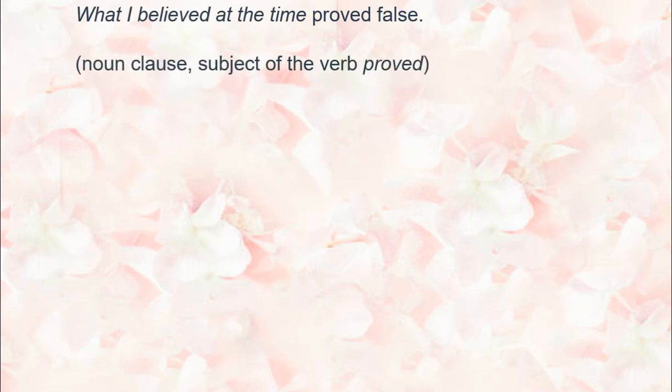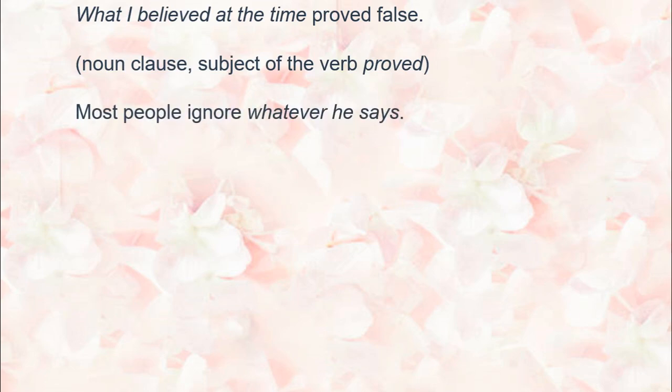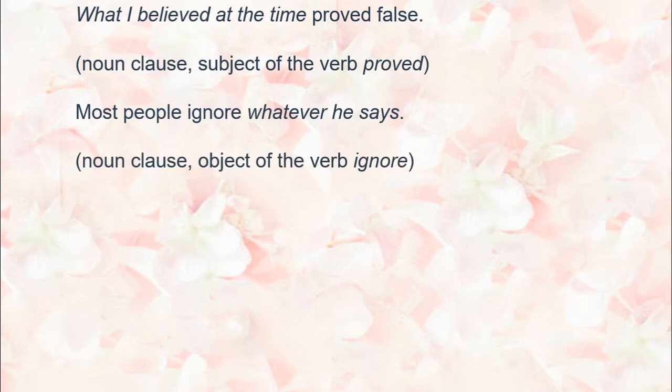What I believed at the time proved false. So here "what I believed" is a noun clause, used as the subject of the verb proved. Most people ignore whatever he says. This is also a noun clause, "whatever he says," because this clause is used as the object of the verb ignore.